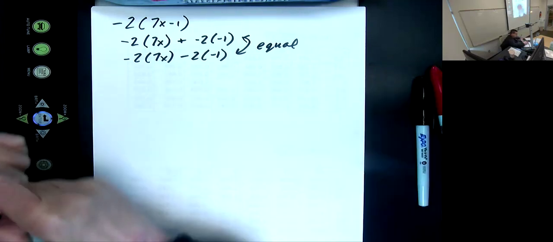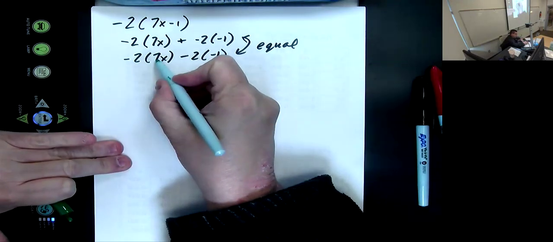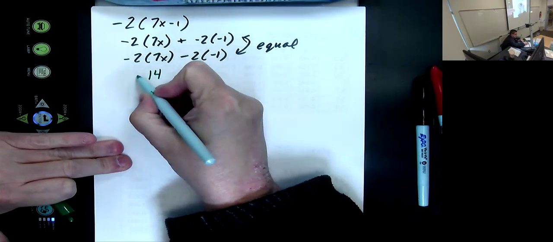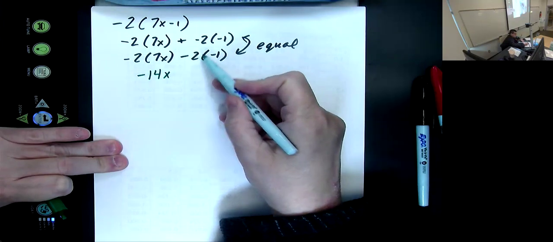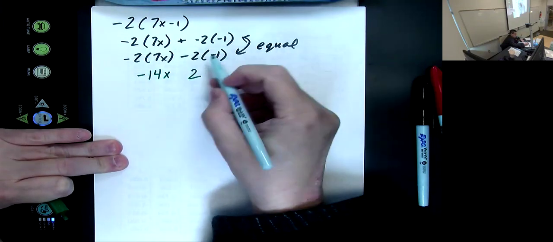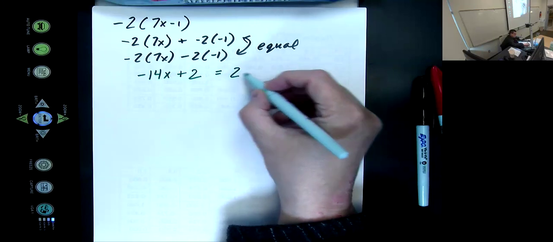So here, when we multiply these together, we've got 2 times 7 is 14. There's a minus sign and there's an X. And then we've got 2 times 1 is 2, and 2 negatives make it positive. And this is identical in value to 2 minus 14x.